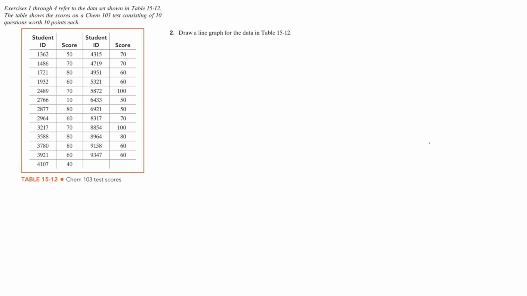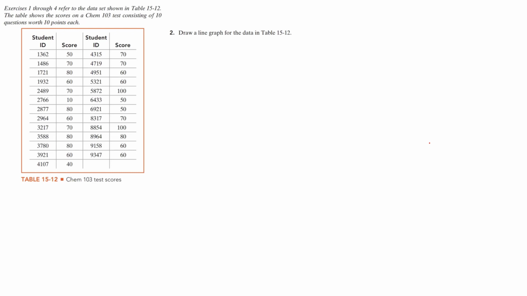So, exercises 1 through 4 refer to the data set shown in Table 15.2. The table shows the scores on a Chem 103 exam consisting of 10 questions worth 10 points each, right? And so we're only keeping track of the scores, right?